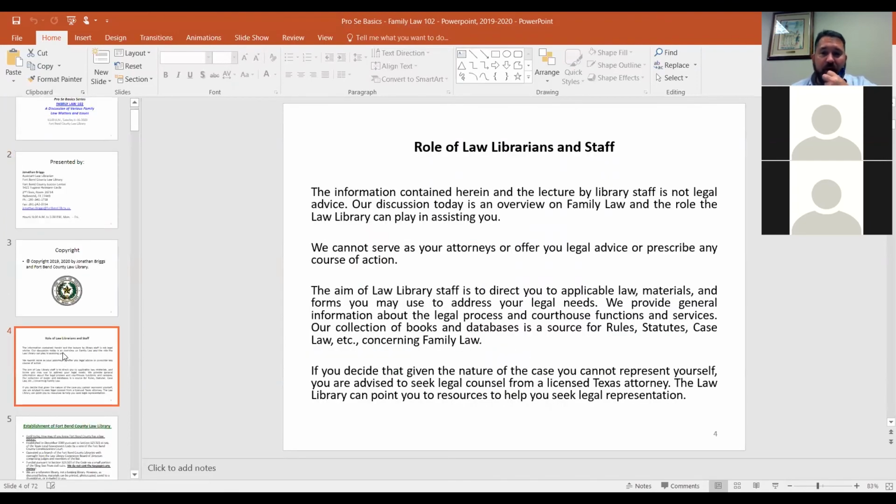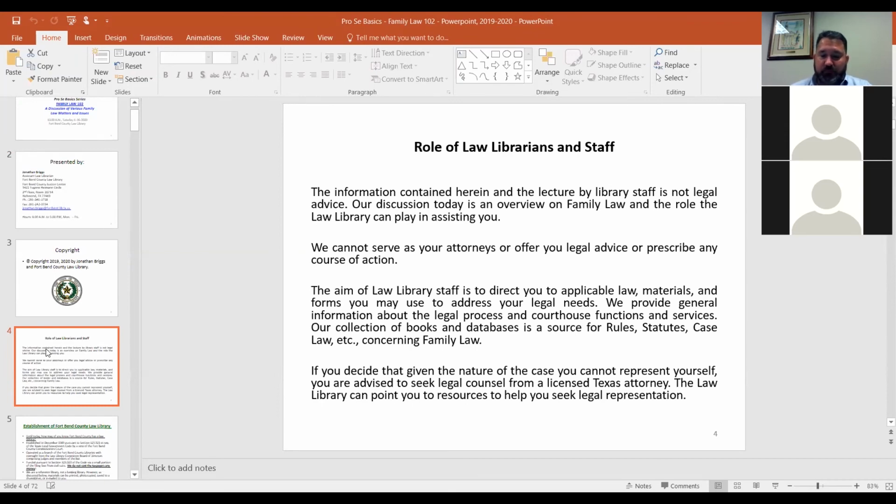As law librarians and our staff here, we can't give legal advice. What we do seek to do is provide as much information and resources for people to address their legal needs. We have basically 2 kinds of folks who come to the law library: attorneys, and what we call pro se litigants. Pro se simply means you're representing yourself.